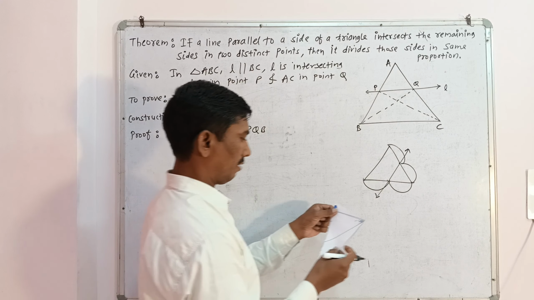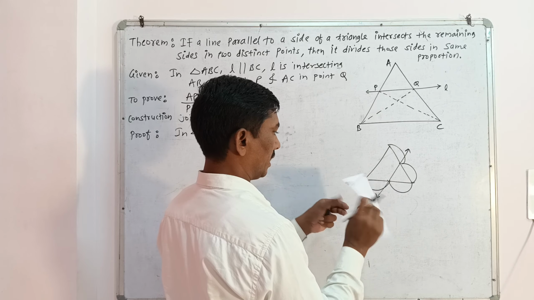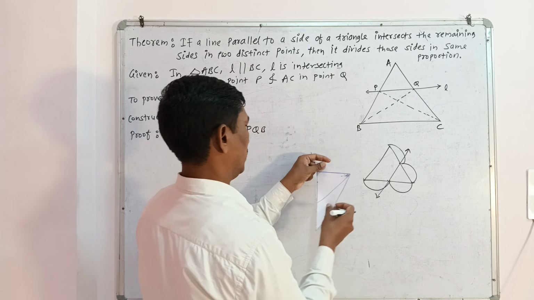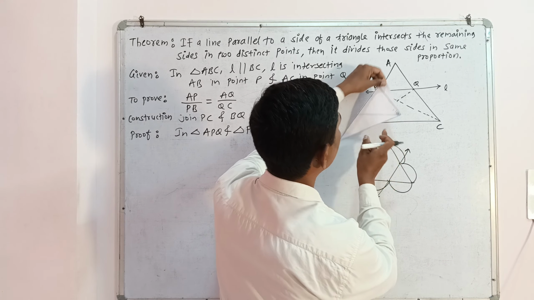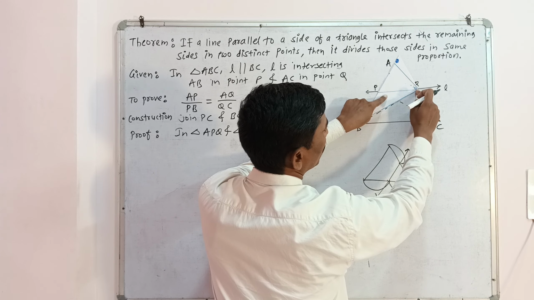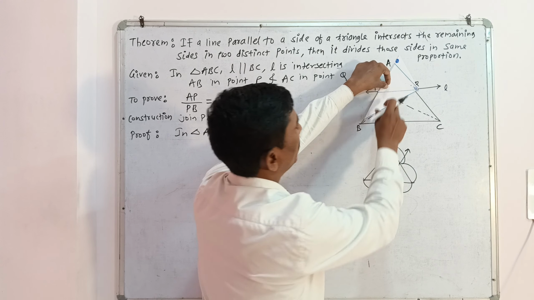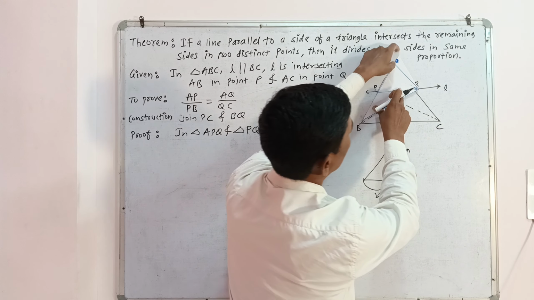Which are those? I have a little diagram of this, and it is like this. If you put this over here, it is like this. So this upper triangle is APQ and this lower triangle is PQB. So I'm taking these two triangles initially. I have written here triangle APQ and triangle PQB.